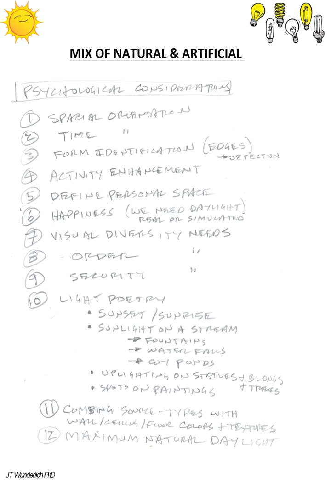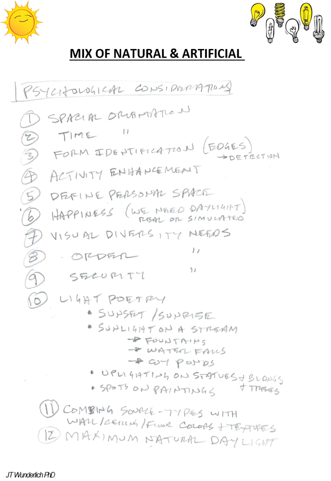Light poetry. So this is more artistic thought here. So sunsets, sunrises, sunlight on a stream, fountains, waterfalls, koi ponds. Light on water can be a very desirable thing to do. Uplighting on statues and buildings and trees. I like to do that with the trees around my house.